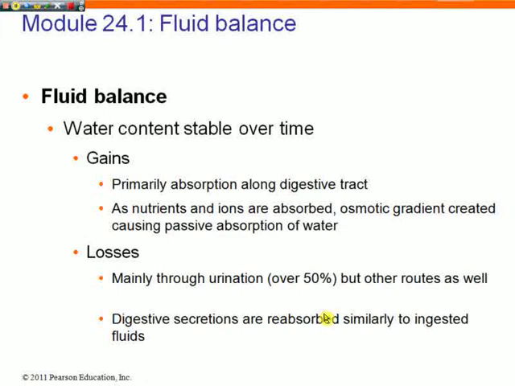As nutrients and ions are absorbed, an osmotic gradient is created, which causes passive absorption of water. The way your body loses water is mainly through urination, over 50%. But there are other routes as well. For instance, digestive secretions are reabsorbed similarly to ingested fluids, so those secretions aren't lost except in abnormal conditions like vomiting or diarrhea.